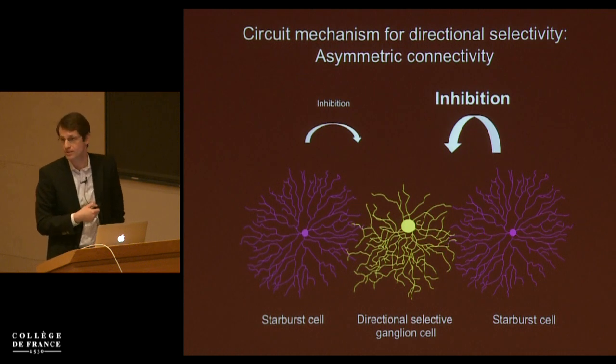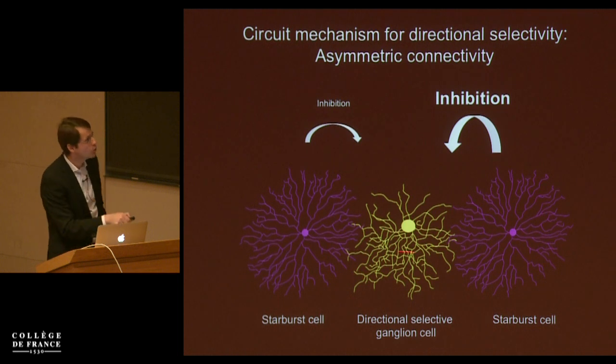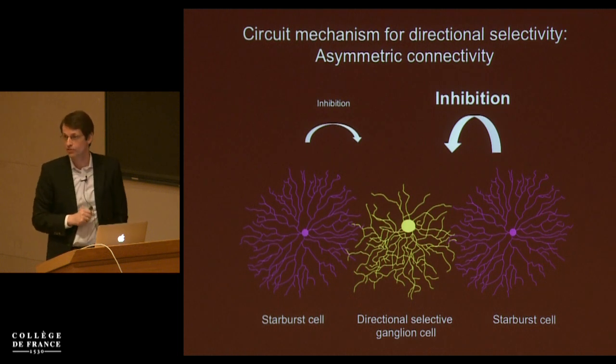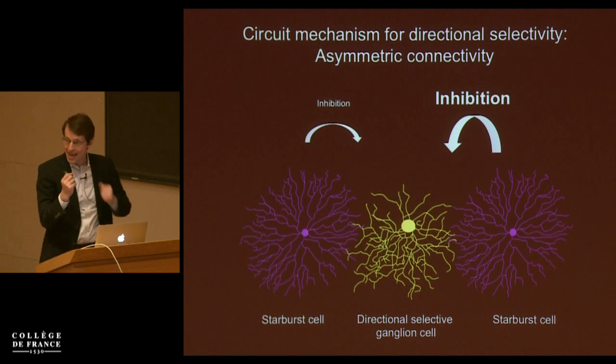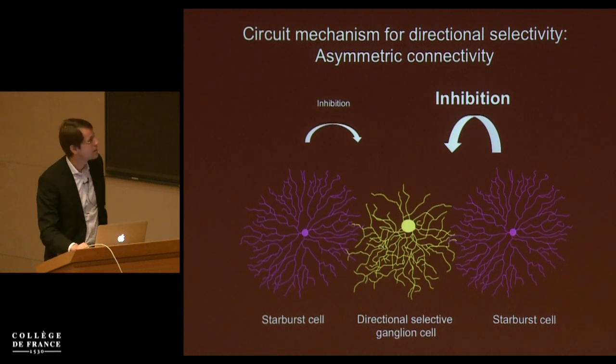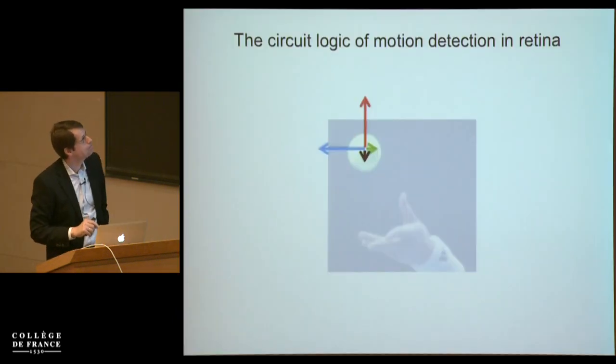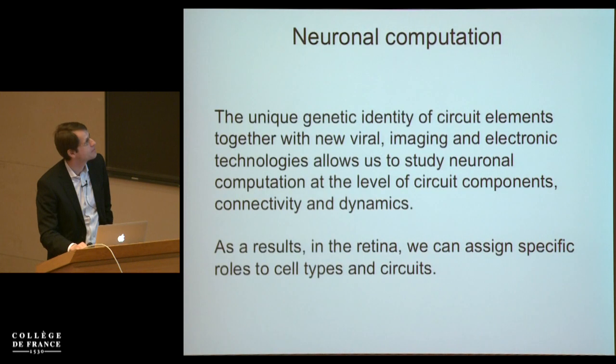This is an inhibitory cell. Okay? So they vote not to fire, and the ganglion cell will not fire. So at the essence of the computation is an asymmetric connectivity between the inhibitory neuron and the ganglion cell. So this is the circuit logic of motion detection in the retina.